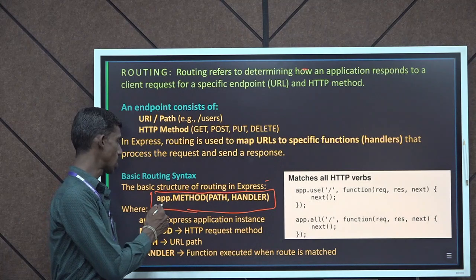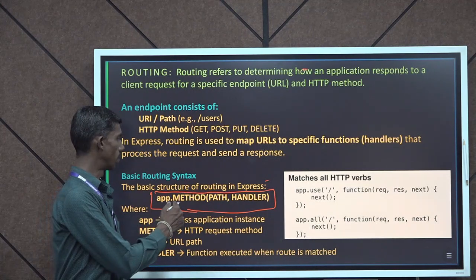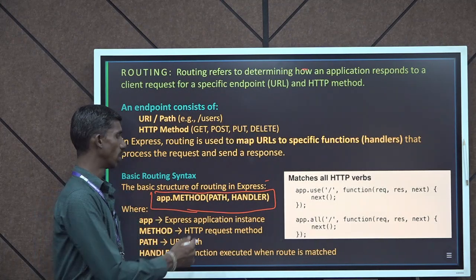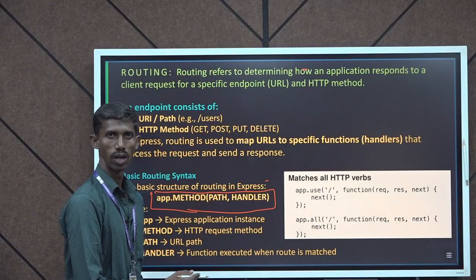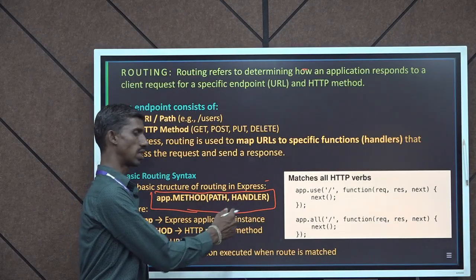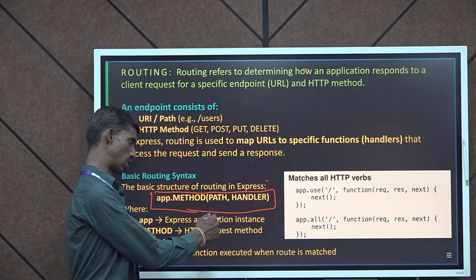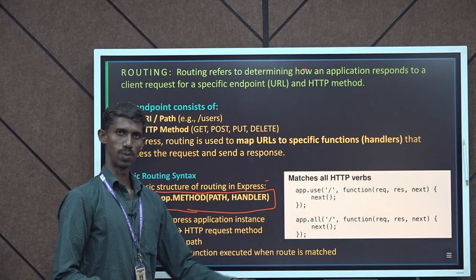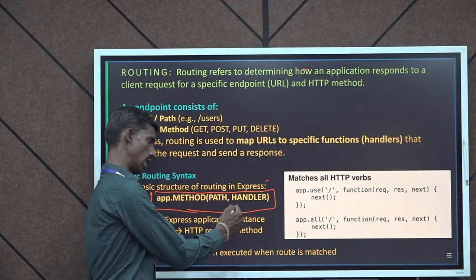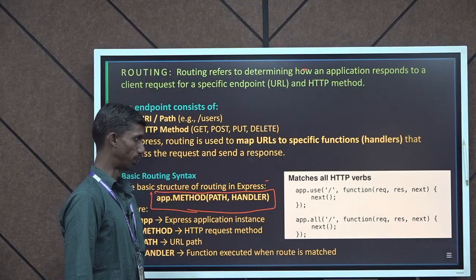App is the instance of Express, method is any HTTP method, path is the URL or URI, handler is the function we need to do. When the path is matched, we need to do the respective task. The task should be available in the handler function.